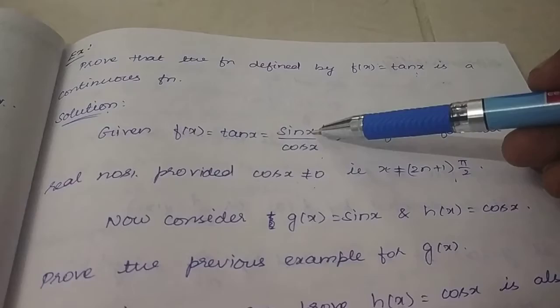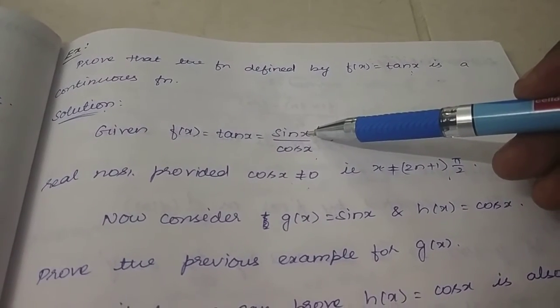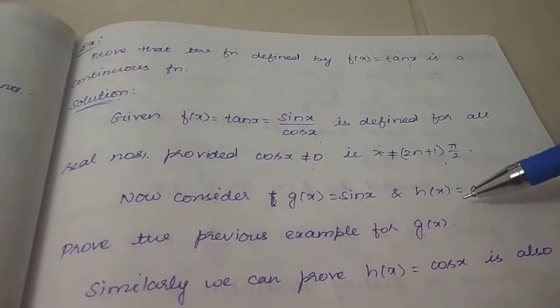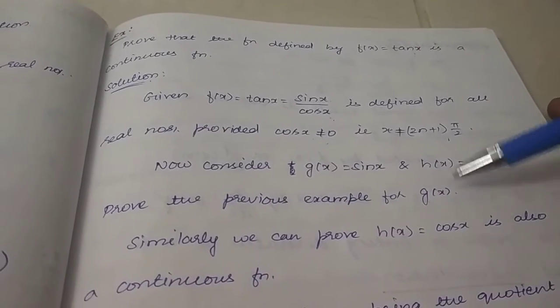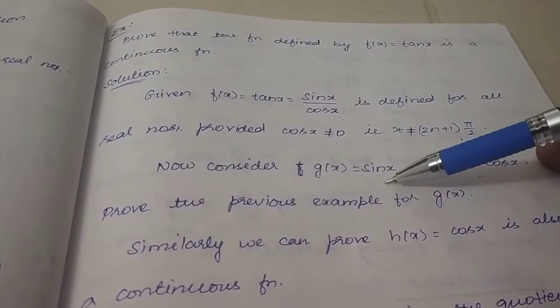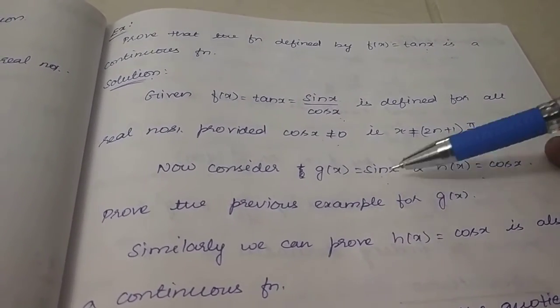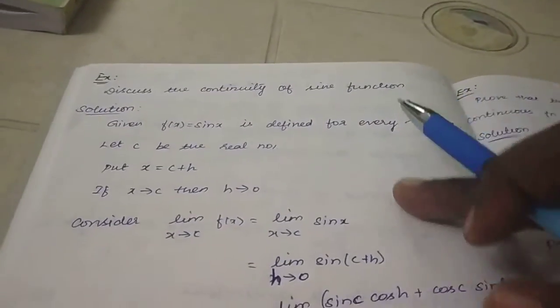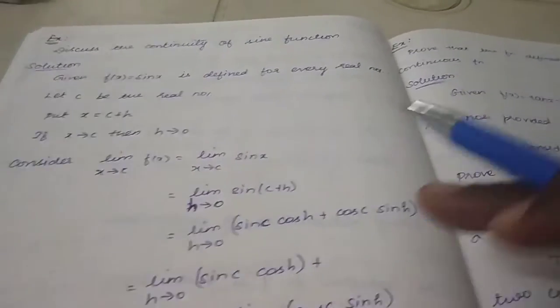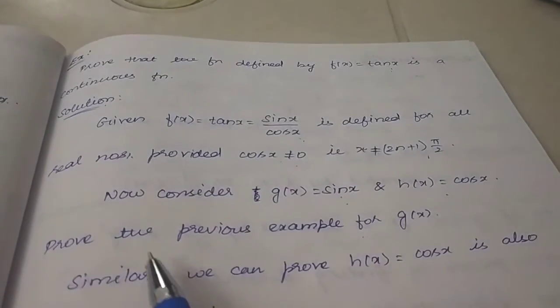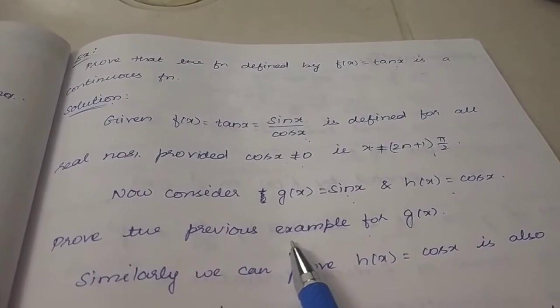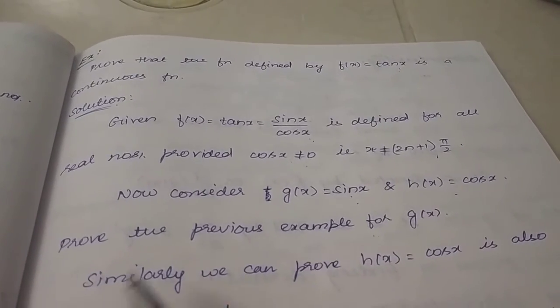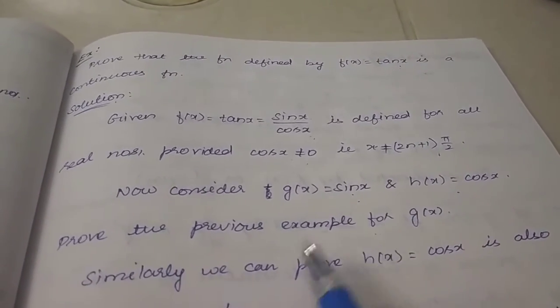Now let us take sin x as g of x and cos x as h of x. First prove sin x is a continuous function. To prove sin x is a continuous function, simply repeat the previous example. Here I am simply writing, prove as in the previous example. But if it is asked in the exam, you simply prove that result and then write.